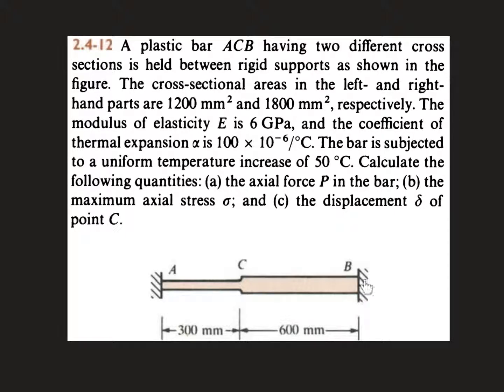For the time being, I will remove one support, and when I remove it, I will add a reaction force at point B. Then the problem becomes statically determinate. I will solve it like a very normal problem, with no magic or extra assumptions, treating this reaction as an external force and computing the deflections.